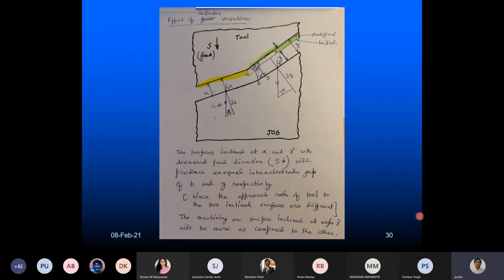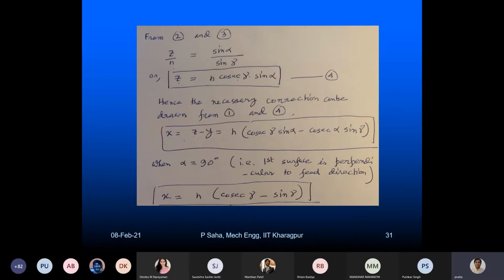HE is the equilibrium gap. HE is equal to some constant C, which is fixed by the material and machining setting parameters, divided by S. So S is the feed rate. So it is inversely proportional to the feed rate. Okay, so this is how it will happen, and the machining rate will have different values.